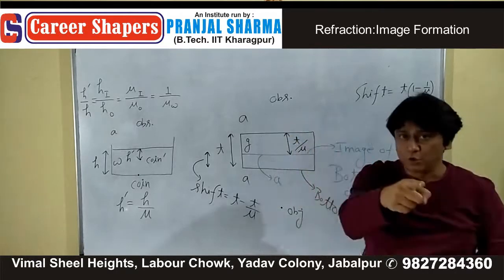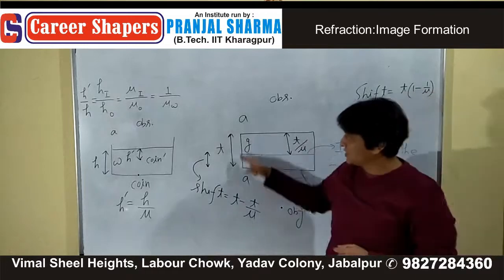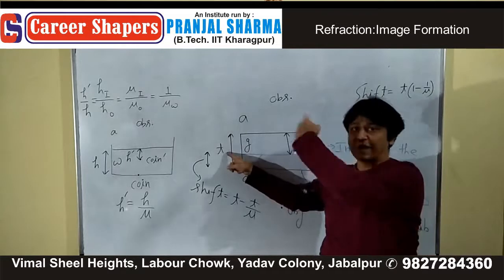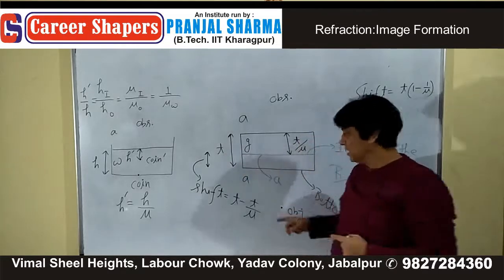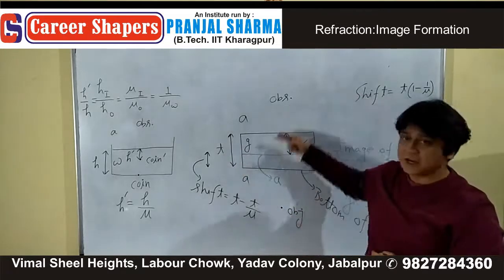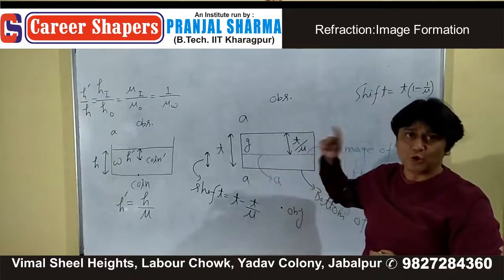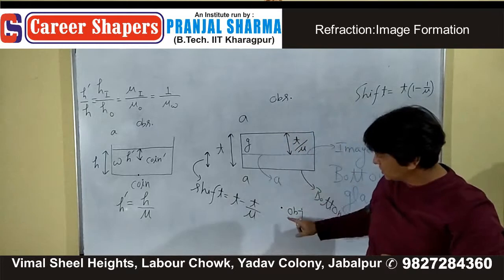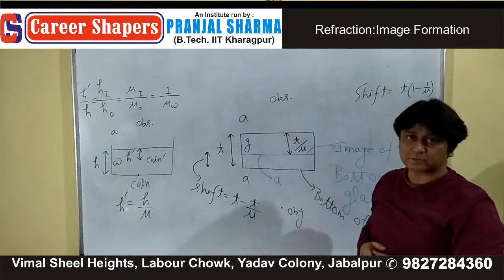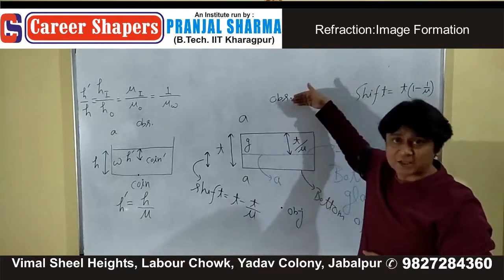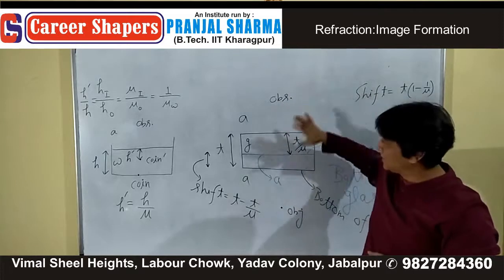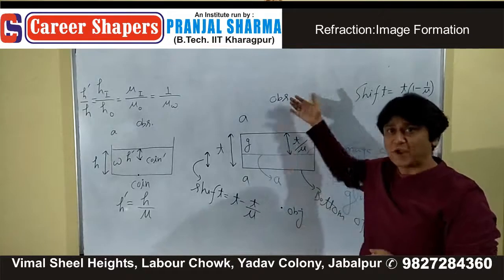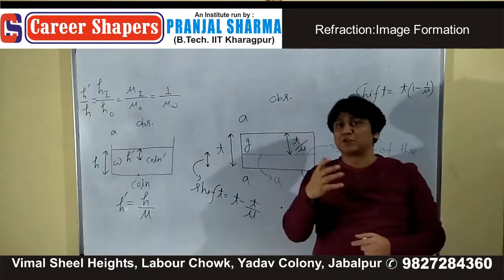But you know that this is T, and therefore you tell him that a shift of T minus T by mu will be present when he looks at this object. If you don't tell him that it's a glass slab, that here lies an object, and you ask him to find out the shift, he will say there is no shift.